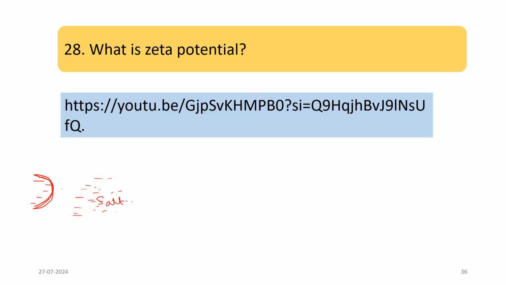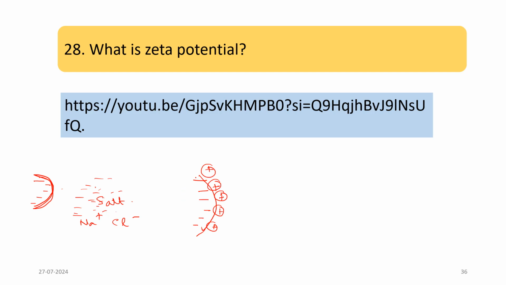Salt is Na plus Cl minus, so it has cations and anions also. What will happen if this is a negatively charged particle or electrode? All the positively charged ions will stick to it. You know that opposite charges attract.